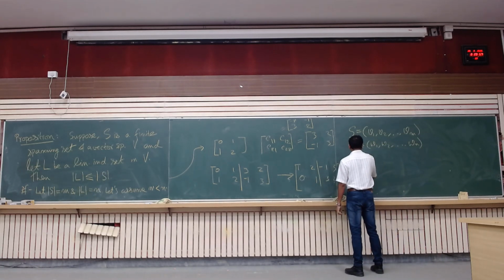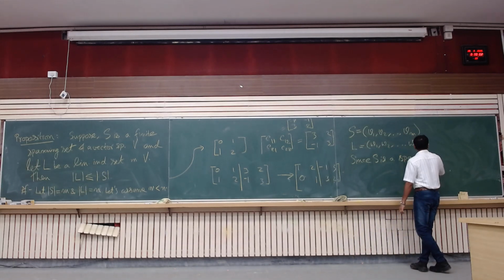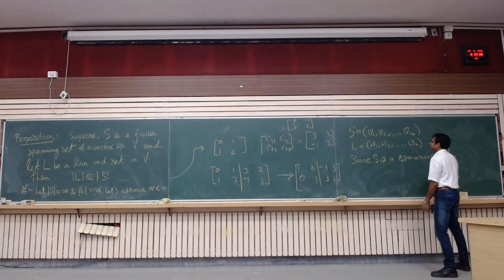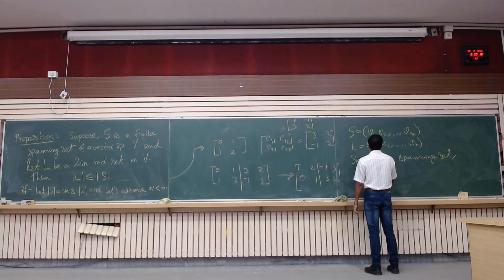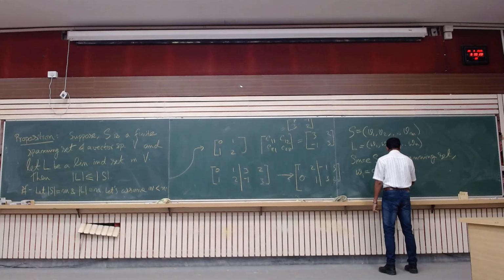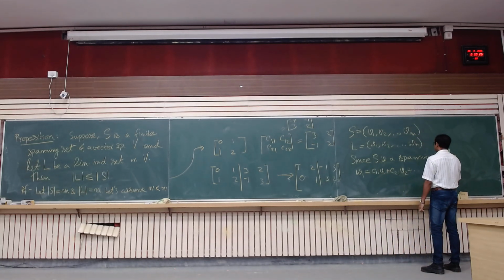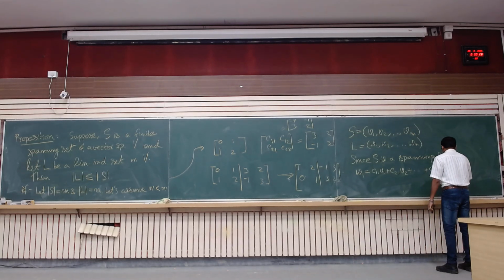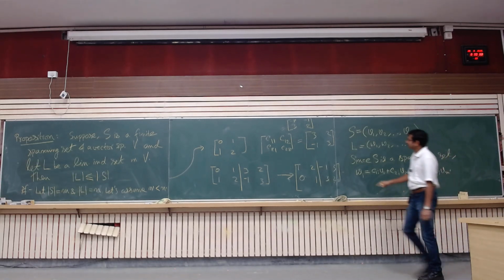So since S is a spanning set, we may write Wi as C1i V1 plus C2i V2 plus dot dot dot plus Cmi Vm, right? Note that we are doing something similar to this.